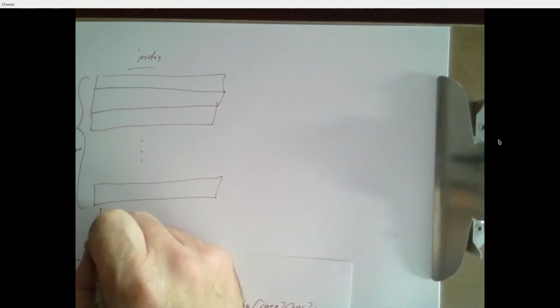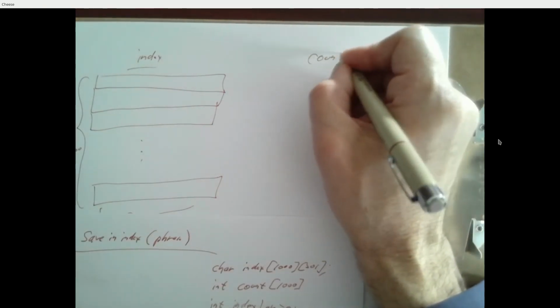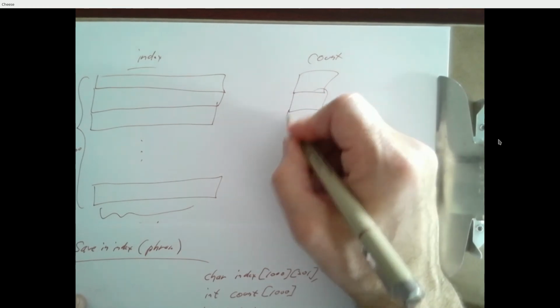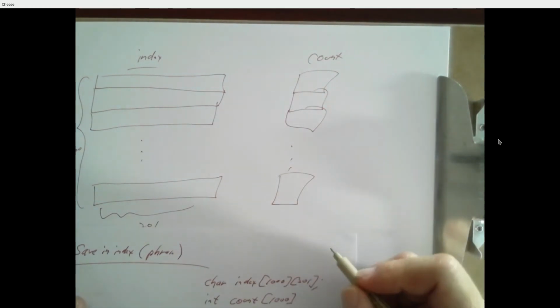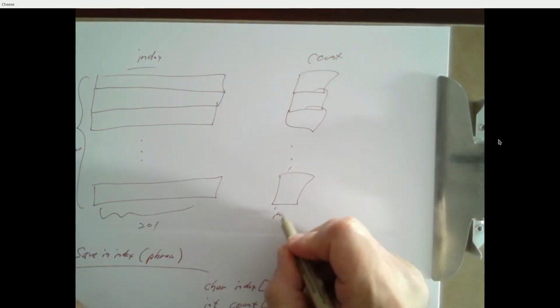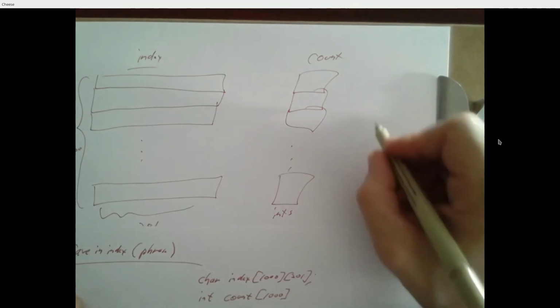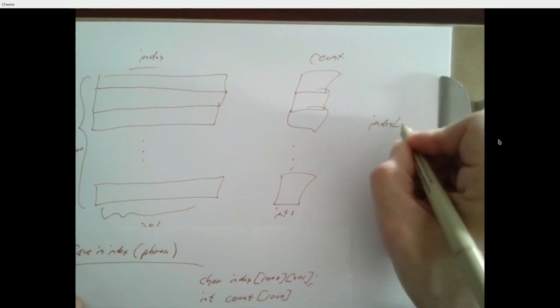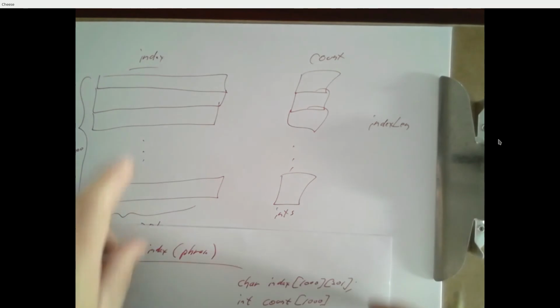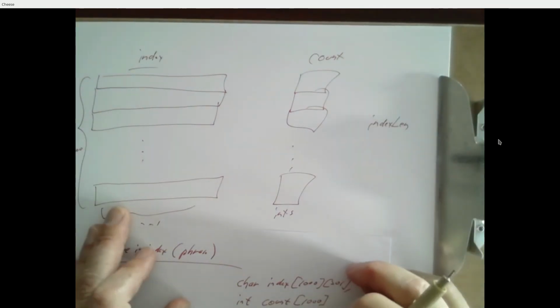It's got 1000 strings, each string is 201 bytes. Count is just an array of integers. And index len tells you how much stuff in these arrays is meaningful.